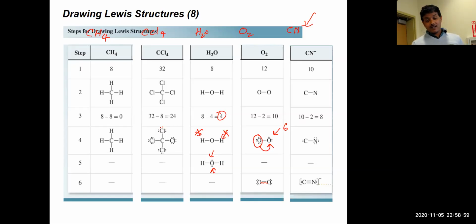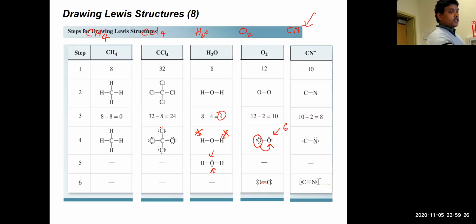Now you cannot do anything on step 5 because you don't have any lone pairs with you to give away. So step 5 is not applicable here, but step 6 is applicable because nitrogen is happy with 8 electrons, but carbon is unhappy with only 4 electrons. Now you would redistribute the lone pairs to multiple bonds until your period 2 element or another element has 8 electrons.